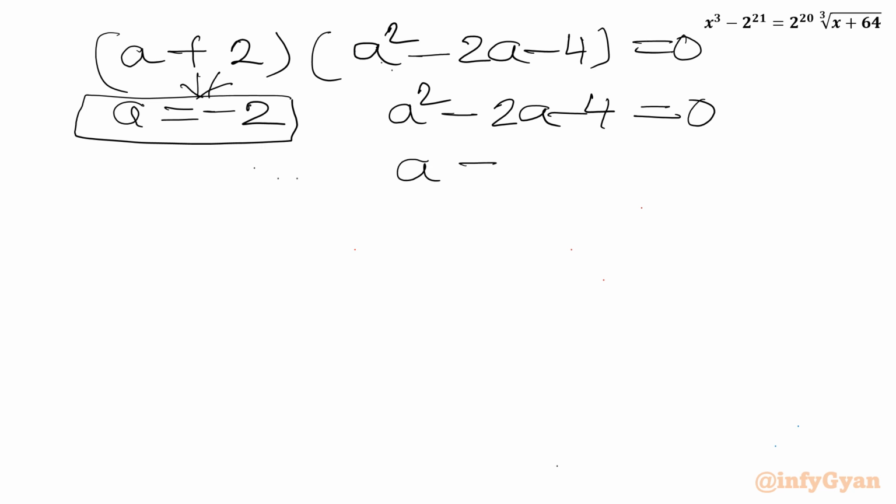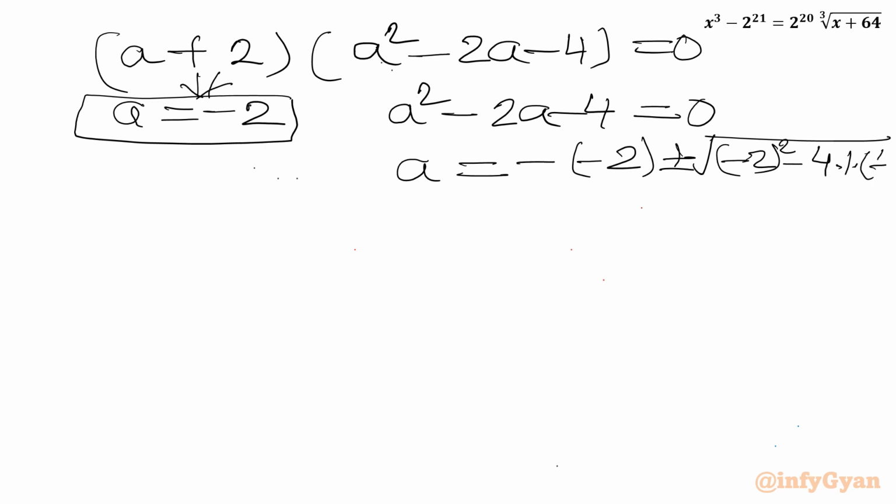Then we can use quadratic formula. It will be equal to minus b, so minus of minus 2 plus minus square root of (minus 2) square minus 4 times 1 times negative 4, over 2 times 1, so 2.